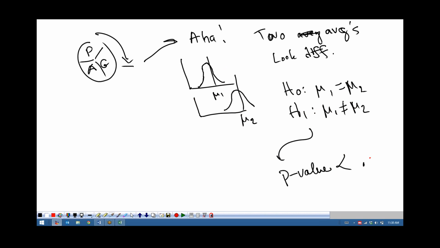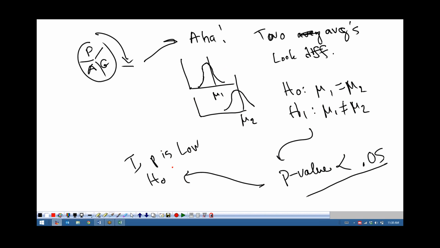Is it less than 0.05? And you use the phrase, if p is low, H0 must go. Be careful with that one. I've had some people get out of hand on that phrase. All right. And that's it. And this helps you substantiate whether something is statistically significant or not.